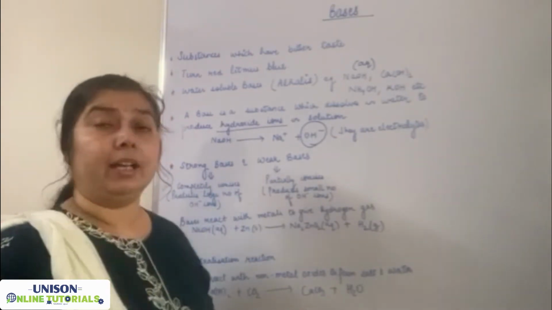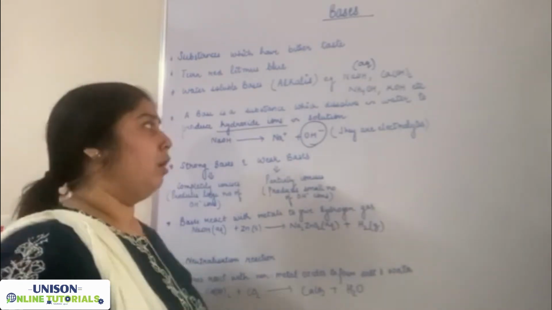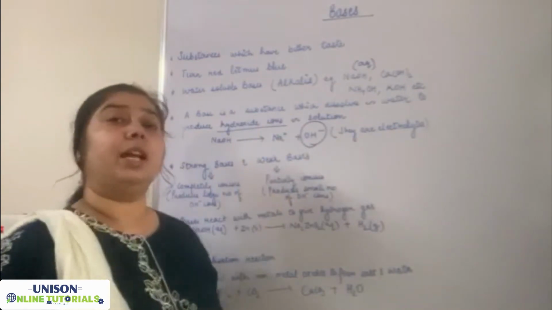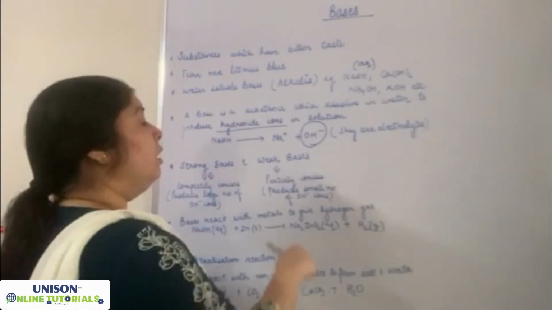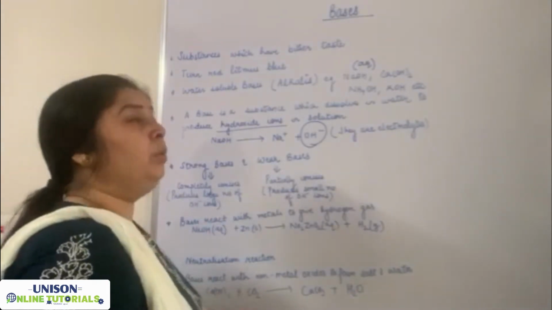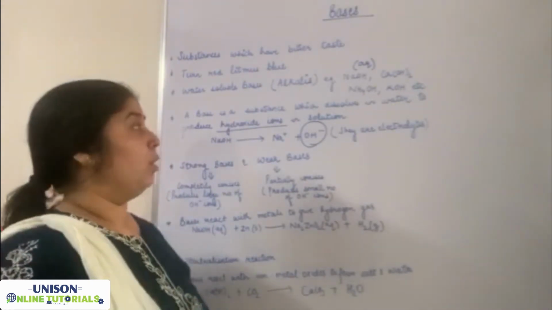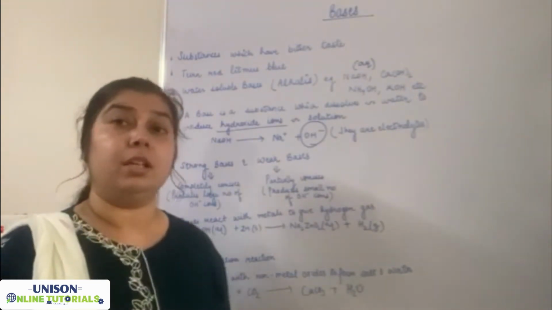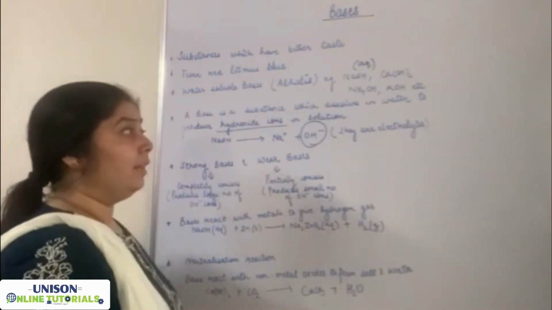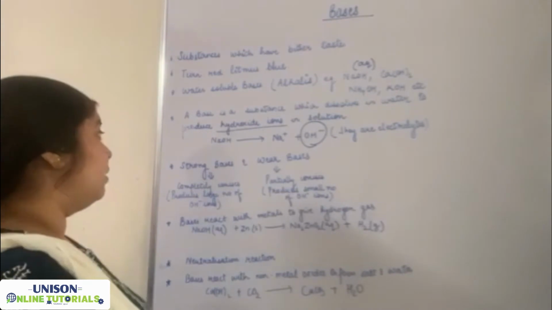Anything which has ionizable ions or free electrons is an electrolyte. So bases are very good electrolytes because they get ionized to give which ions? OH negative ions, similar to acids which were giving us H positive ions. So this is the property of bases, that they are good electrolytes.